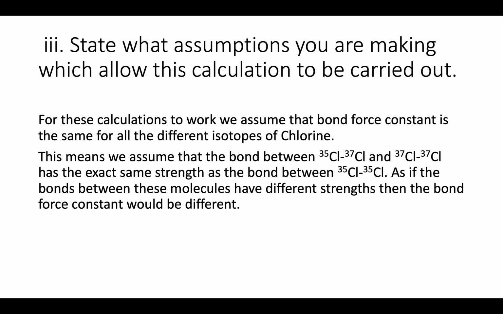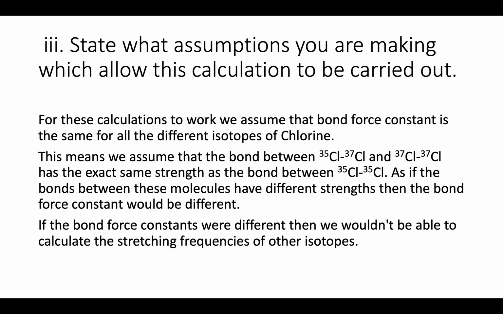This means we assume that the bonds between 35Cl and 37Cl and 37Cl bonded to 37Cl have the exact same strength as the bond between 35Cl and 35Cl. If the bonds between these molecules have different strengths, then the bond force constants would be different. And if the bond force constants were different, then we wouldn't be able to calculate the stretching frequencies of other isotopes.